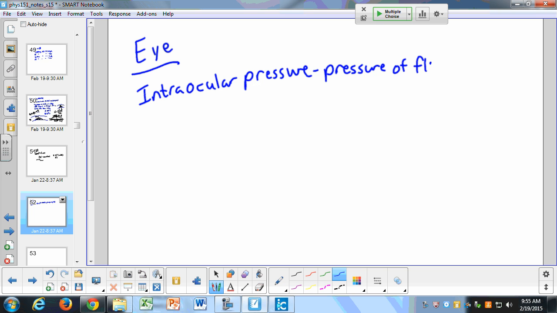We're going to talk a lot about the eye in a later chapter when we get into light and optics, but we're just going to talk about the fluids here now. This is normally about 10 to 20 millimeters of mercury. So remember, this is about what the blood pressure is in the vena cava, at the low pressure end of your systemic circuit.